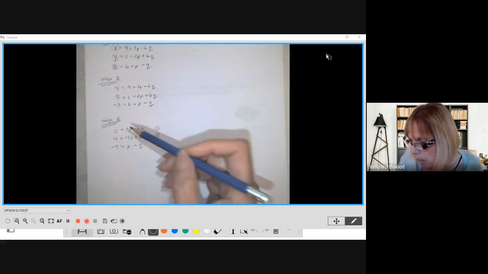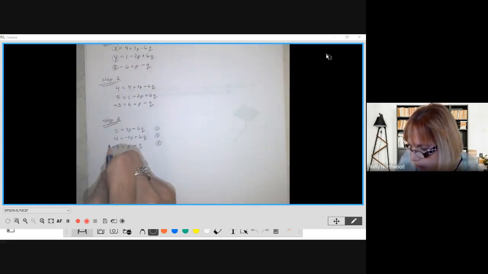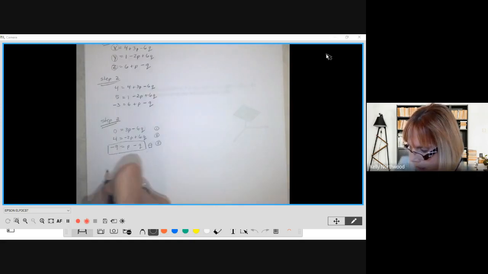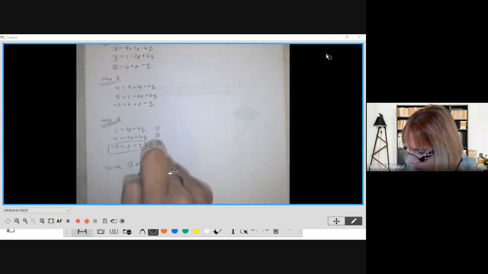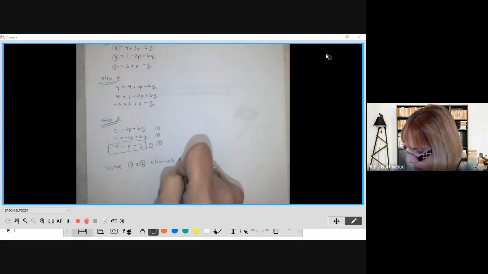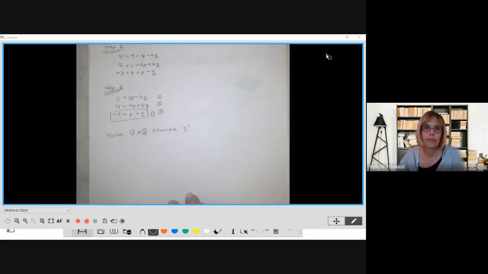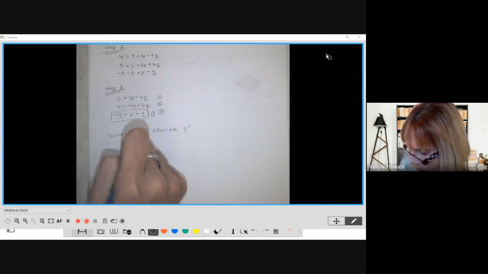And if I'm looking at my 3 equations, I'm seeing that these guys both have 6 q's in them. So I'm going to lock this one up. And I'm going to solve 1 and 2. And I'm going to eliminate q. And I don't need to multiply to do that.